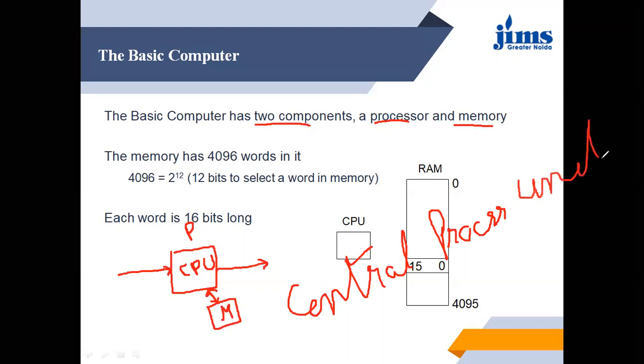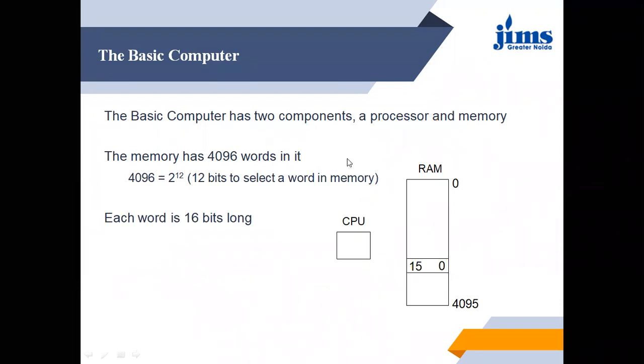This is the processor, and in this we have to study basically the CPU and RAM. And I told you that RAM is memory. When we are talking about the memory, it means we are talking about the RAM only.